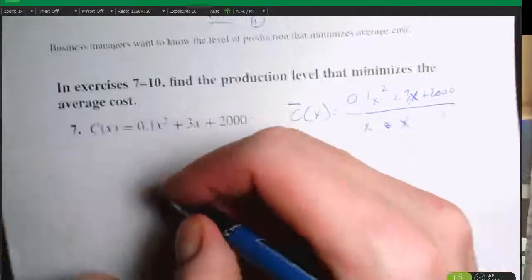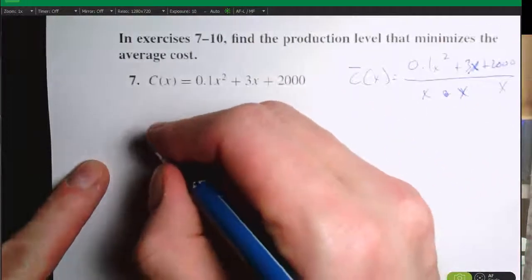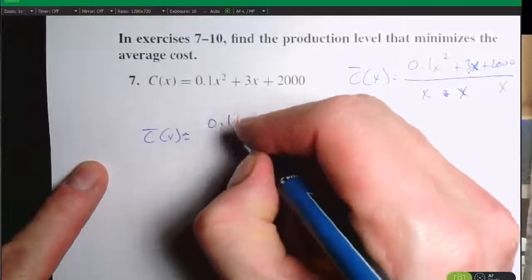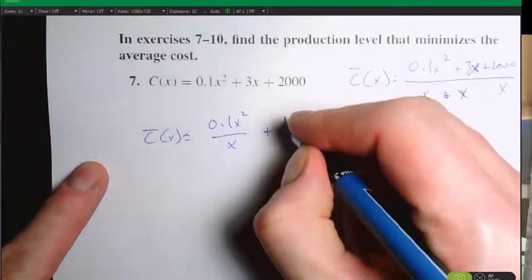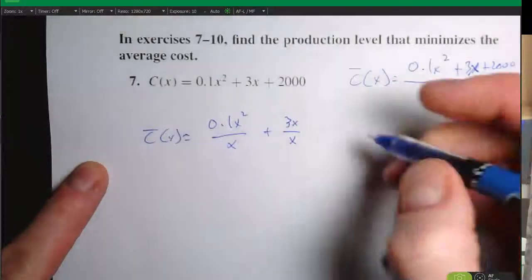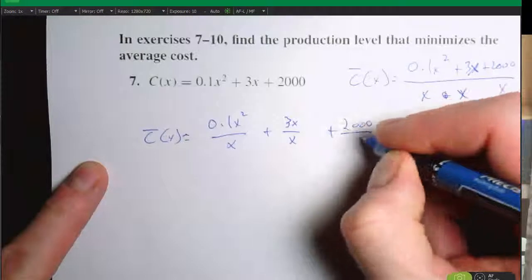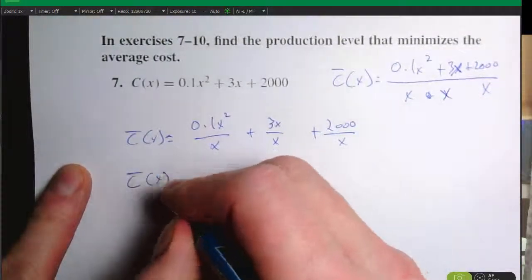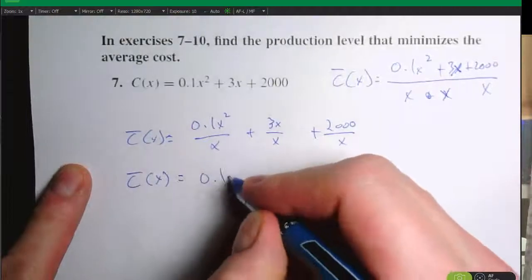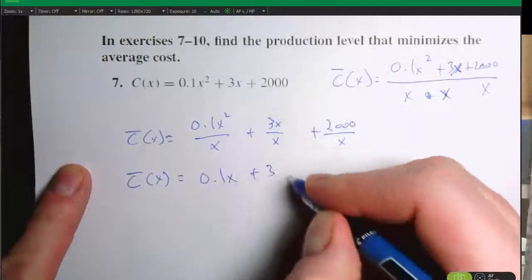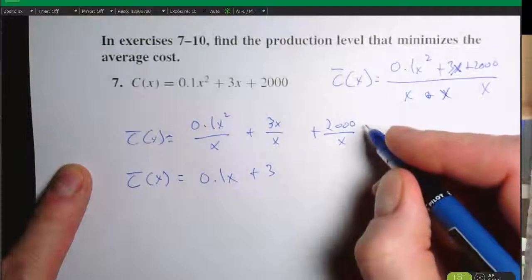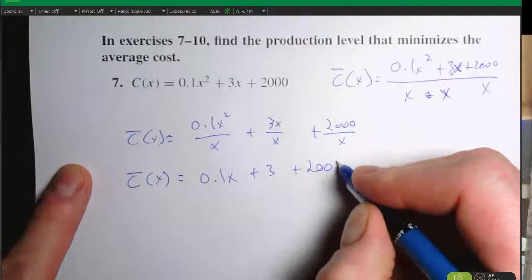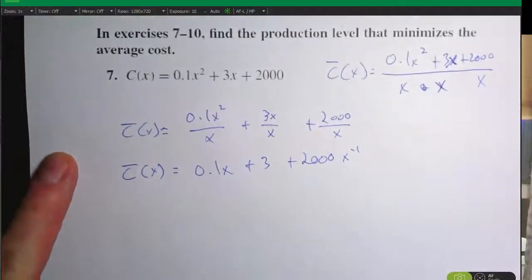So it says, okay, C bar of x is 0.1x squared over x plus 3x over x plus 2000 over x. And then it simplifies that to say, okay, this is 0.1x plus 3. And then they move this up to the numerator, which is actually going to be nice. I know it might not seem like it, but it's going to.